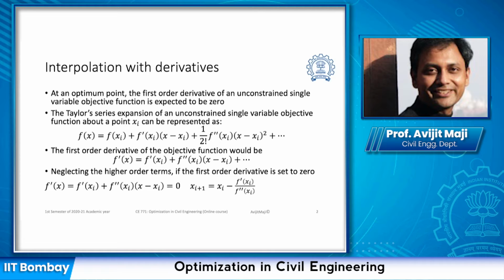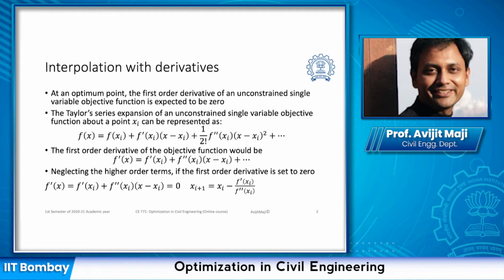If you recall, during the classical method of optimization, we discussed the necessary conditions to find the optimum point of an objective function. The necessary condition led us to the point where the slope of the objective function is expected to be 0.